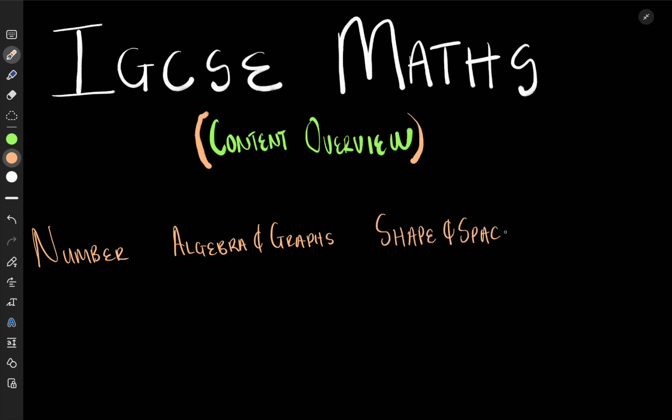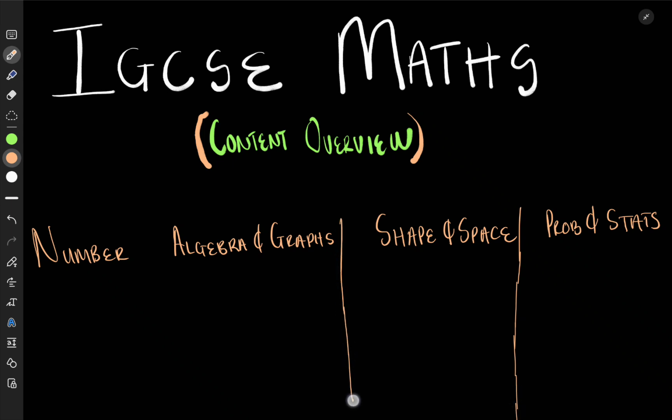Unit 4 is probability and statistics. Lack of space, that's why I've written it in short. So probability and statistics, shape and space, algebra and graphs, then number. These are the 4 units: unit 1, unit 2, unit 3, and unit 4. Whatever you put as unit 1 doesn't matter. So here are our 4 units.